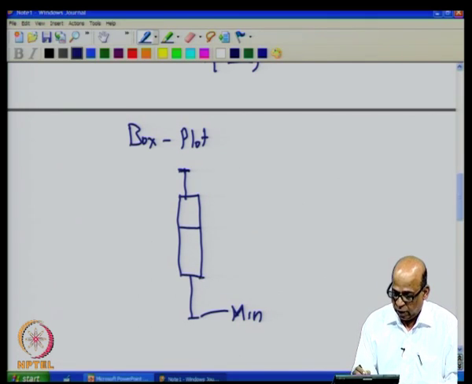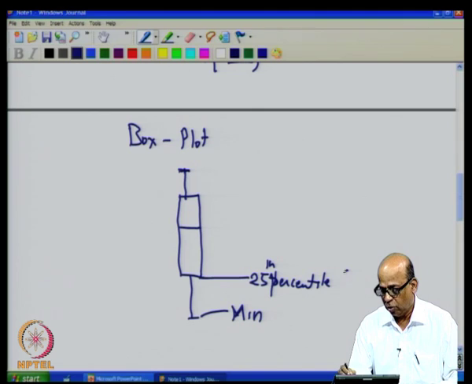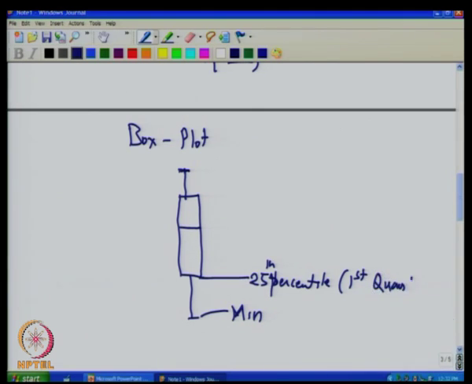The lower edge of this box corresponds to the 25th percentile, or it is also called as the first quantile. There is a line that is drawn inside the box, this corresponds to the 50th percentile, or the second quantile.